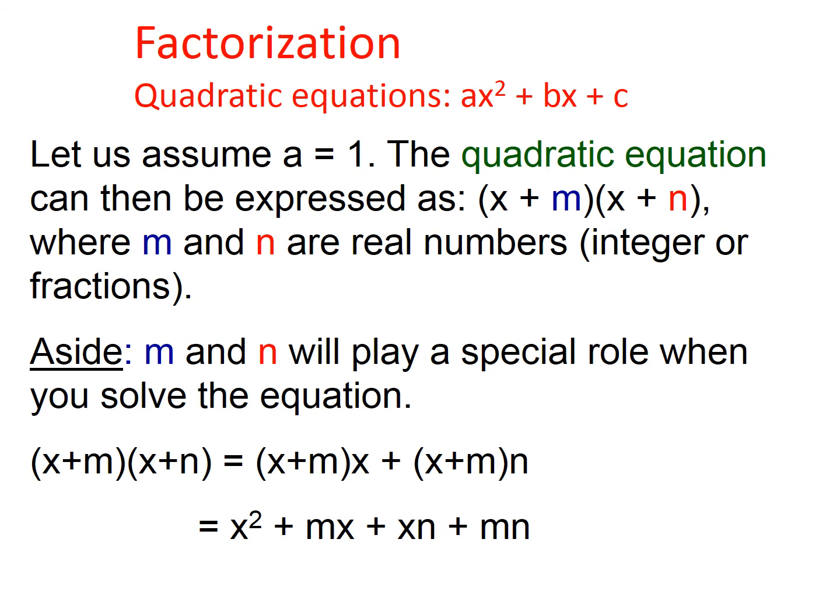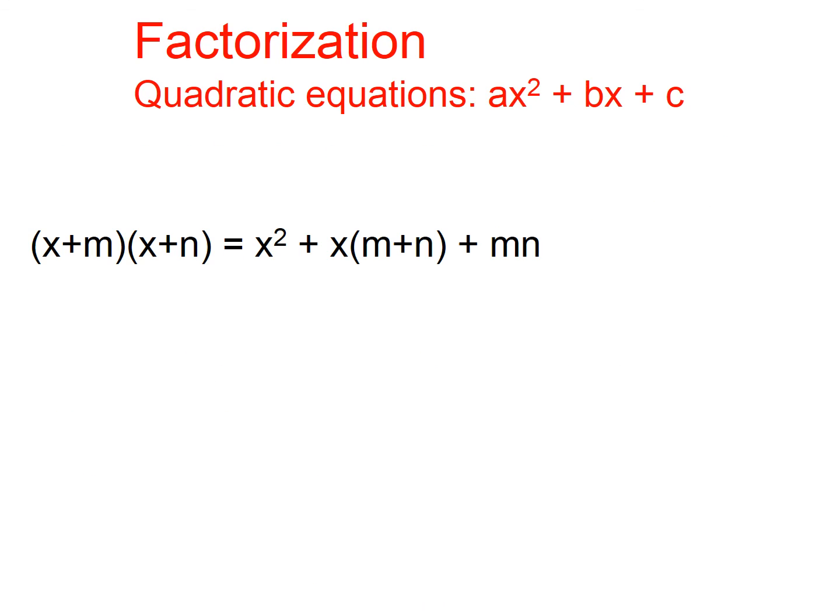You end up with something that looks like this. Can you guys see that? Is it hidden by the things? This has the same form as the red thing at the top. So if we can figure out what m and n are, then we can start to solve these quadratic equations.